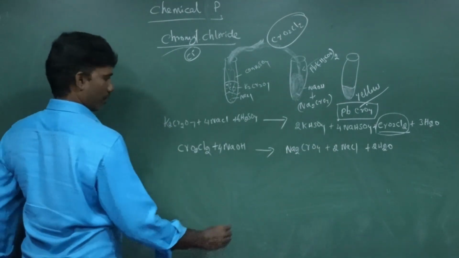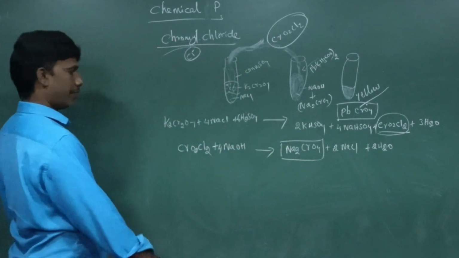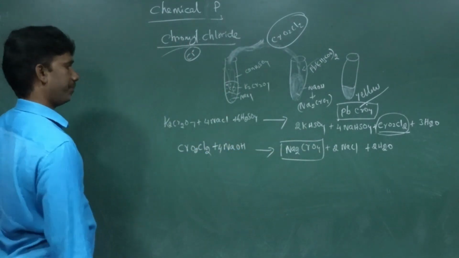Now we are converting the chromyl chloride into sodium chromate.